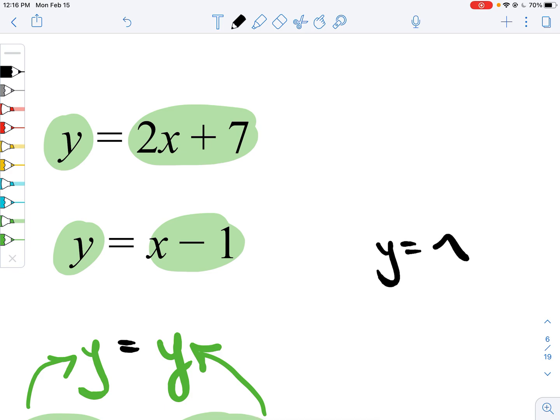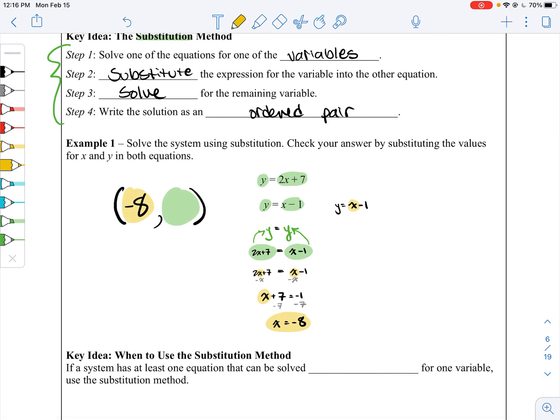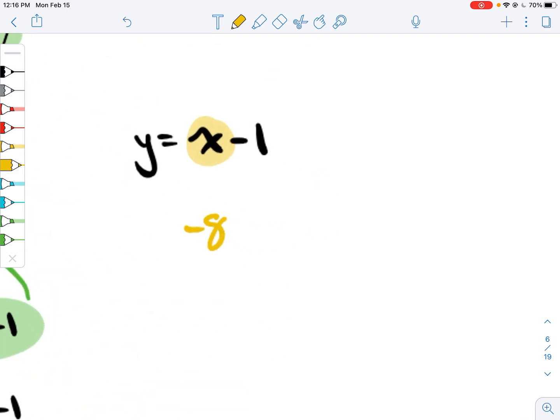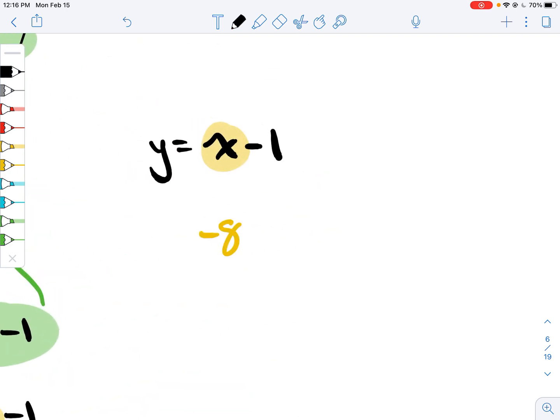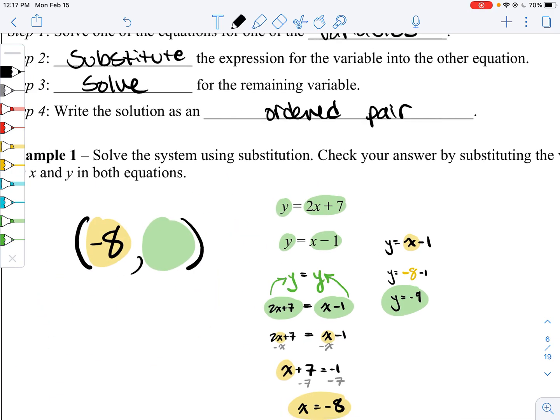So we're going to take y equals x minus 1 and replace this x with negative 8. That tells us that y equals negative 8 minus 1. Negative 8 minus 1 is in fact negative 9. So y is negative 9, which means the solution to this system is negative 8, negative 9.